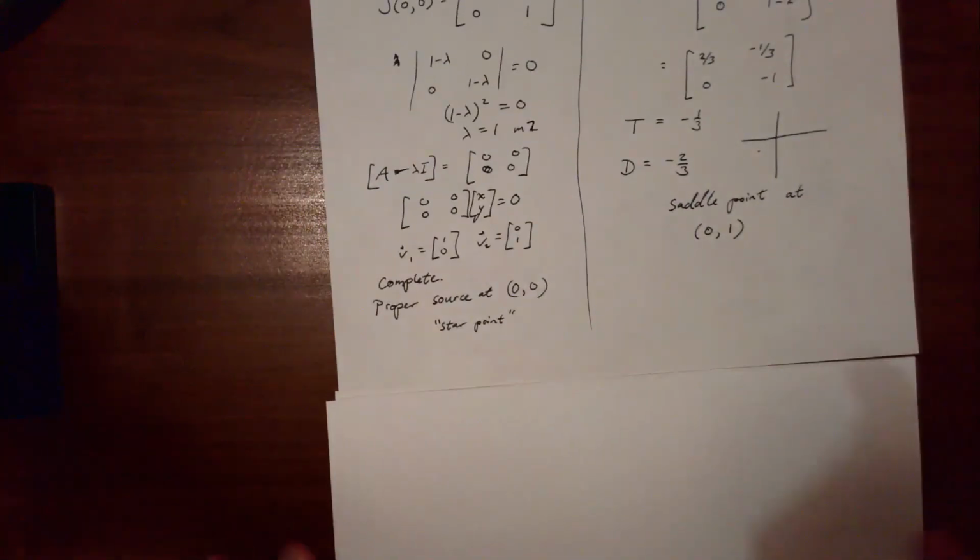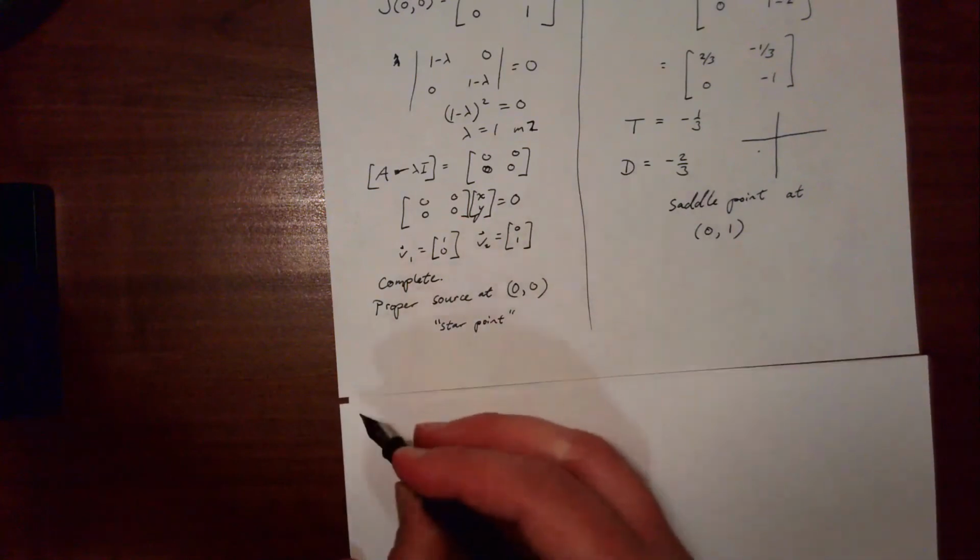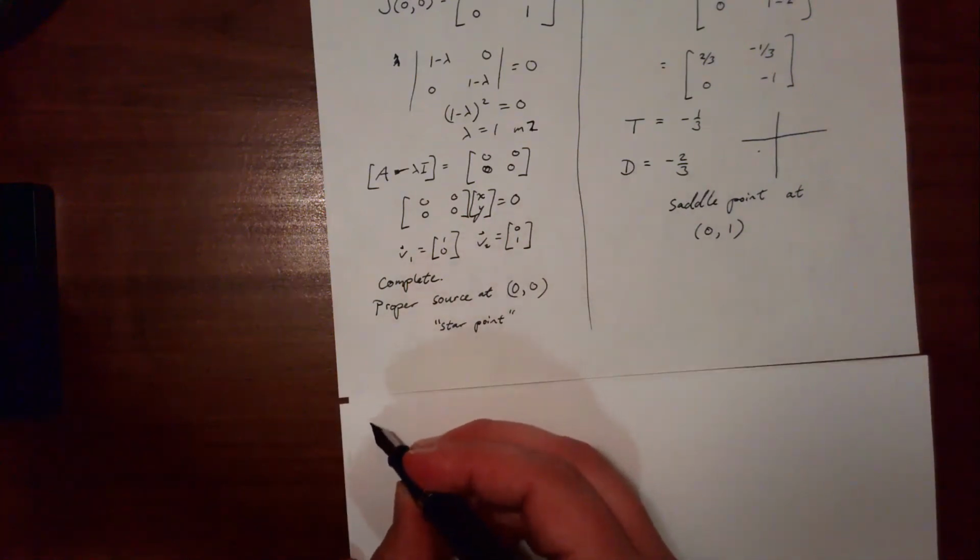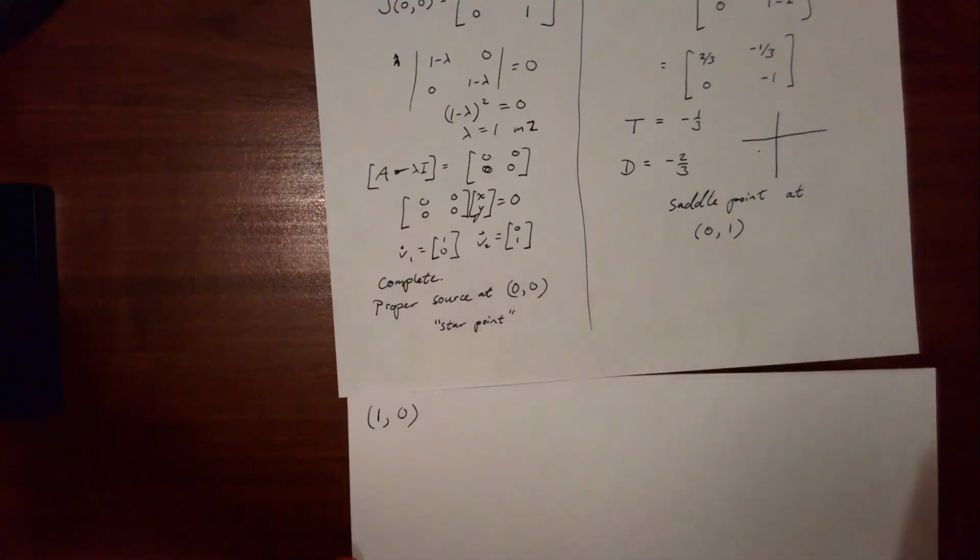Now, based on that and the fact that our equations are totally symmetrical in x and y, I have a theory about the point 1, 0, but let's just find out.